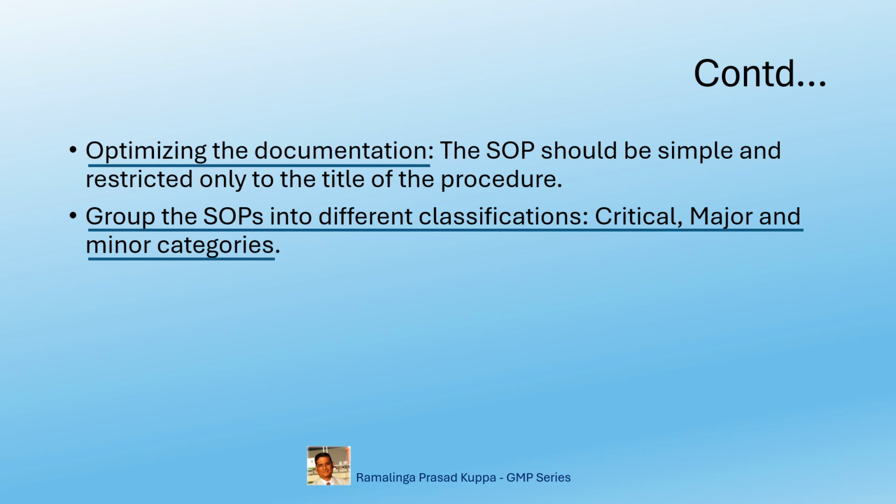This is one of the strategies to handle SOPs. The critical SOPs may be reviewed once a year, major SOPs once in 3 years, and 5 years for minor and non-critical SOPs for which there is no change at all for several years.